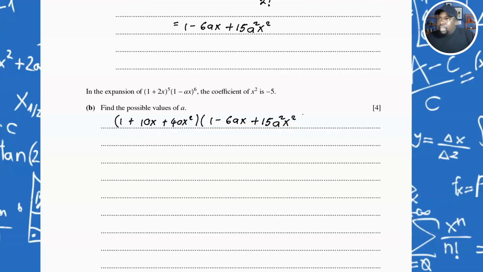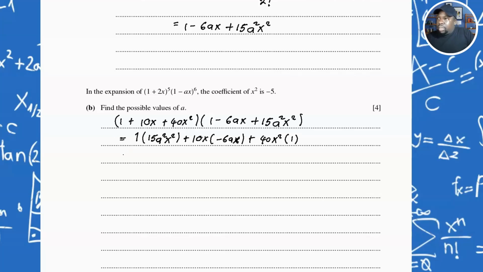Okay, all right, so to get a term in x squared, since we're multiplying the first bracket by the second bracket, it will happen when this 1 multiplies 15 a squared x squared, and when 10x multiplies minus 6ax, and when 40x squared multiplies 1 in the second bracket.